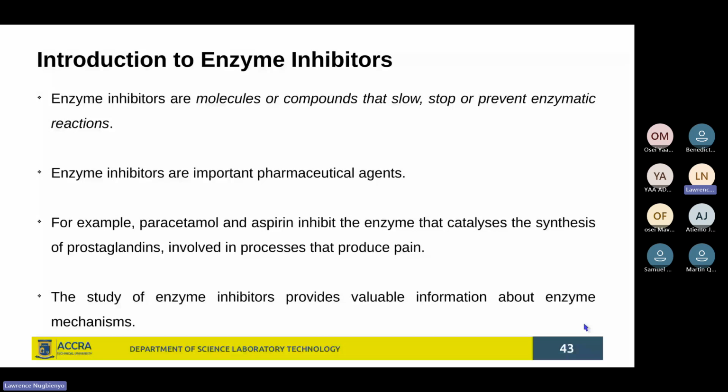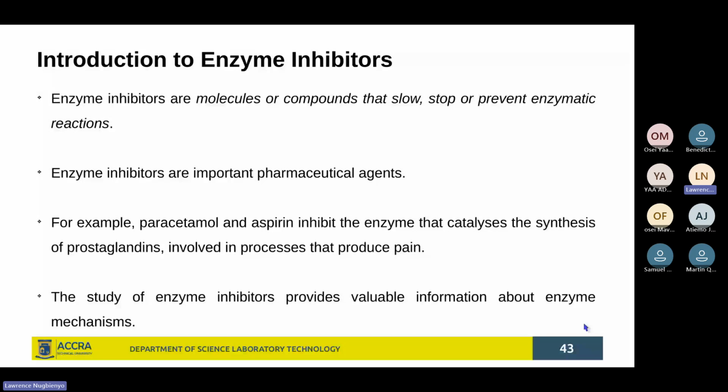Many biochemical reactions involve the participation of enzymes, and so a lot of pharmaceutical agents are actually based on the knowledge of the activity of enzymes and their inhibition.